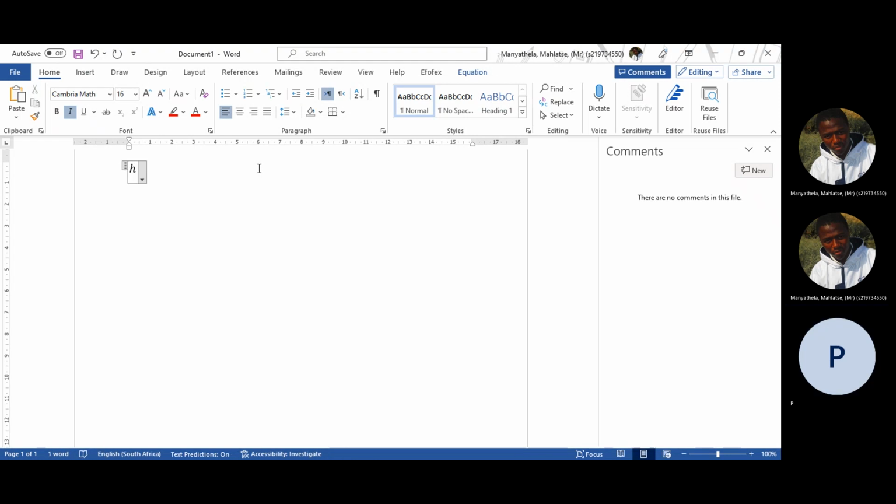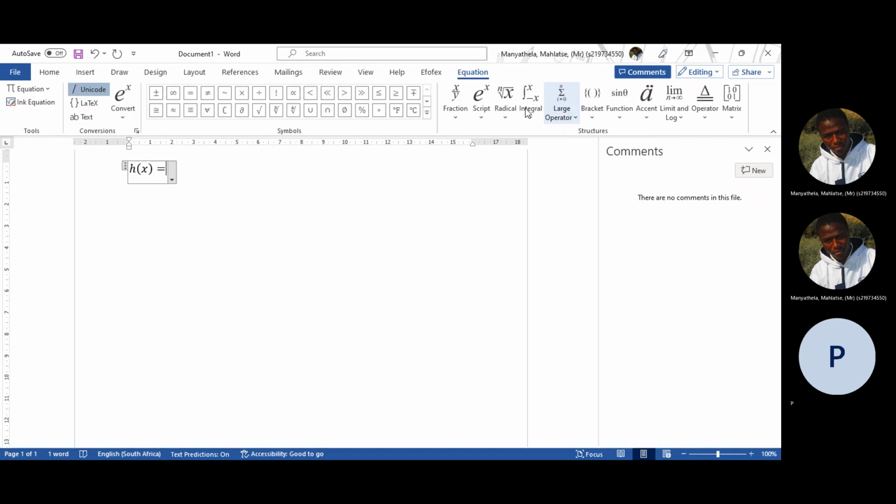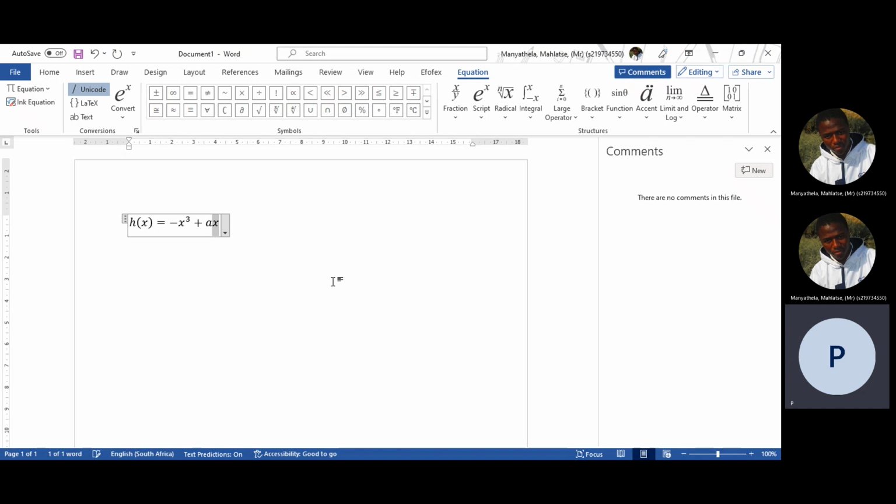We have h of x equal to negative x cube plus ax squared plus bx.